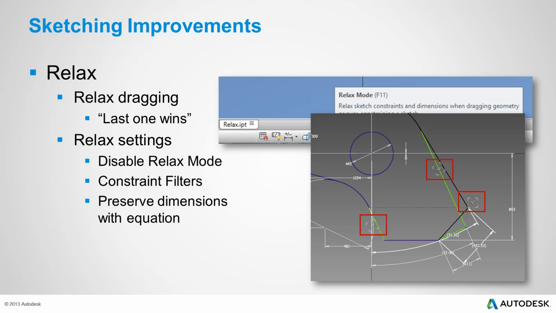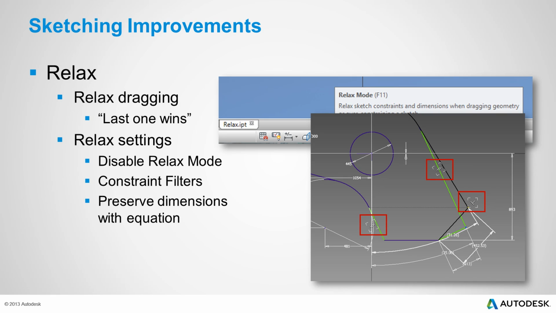Now, here you see an example of what I was talking about. In this case, a couple of the constraints which we have filtered for being available for the relaxed mode changes are parallel and perpendicular. You can see from the green geometry that is the geometry which is being moved, and the conditions being overridden here are parallel and perpendicularity.